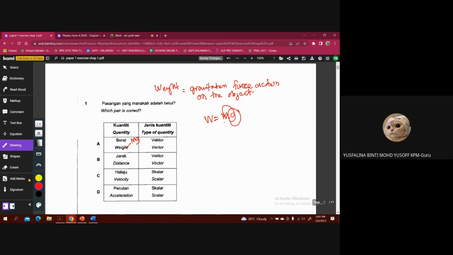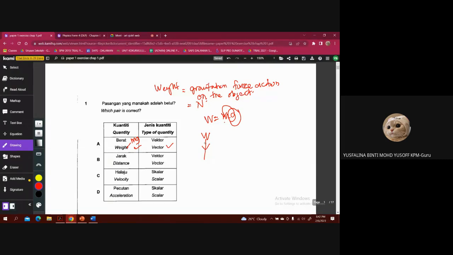Mass is of course the mass of the object. So W equals mg, and remember the unit is Newton. So weight is a vector. Is it correct? Yes, because whenever you draw the direction of weight, it always goes down. It is always the same as the direction of gravity.